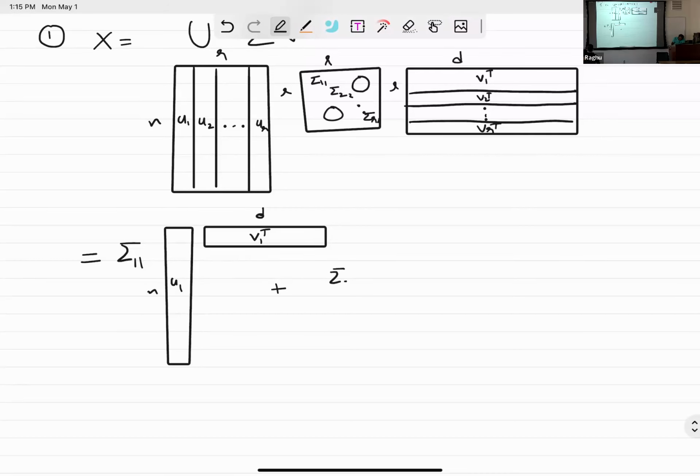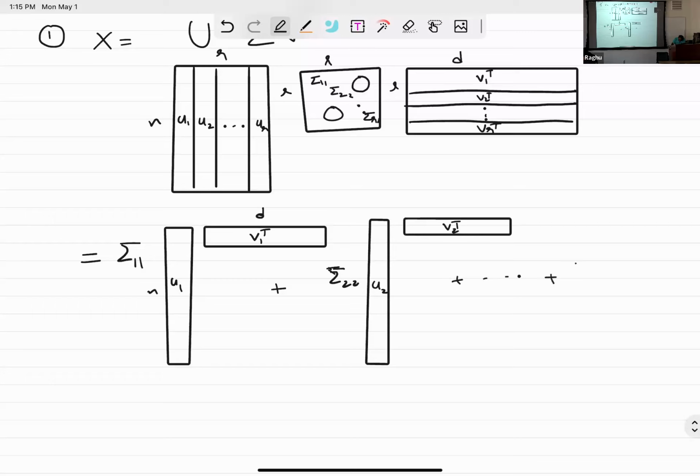And for actually developing an algorithm and deciding what to do with it, this view will turn out to be useful.